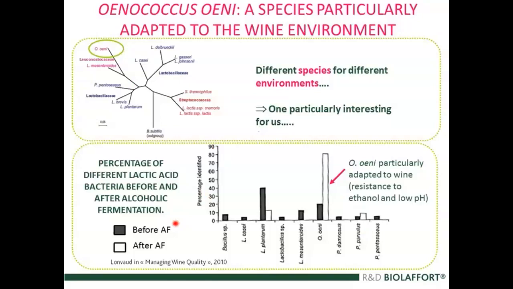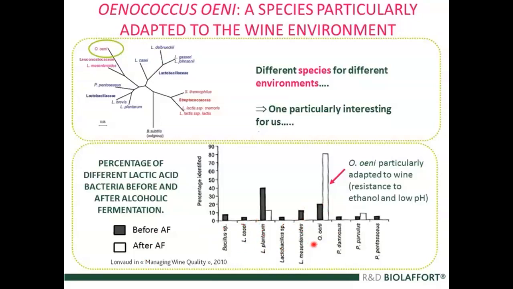And you can see that in must, hence before alcoholic fermentation, you do find many different species, such as some Bacillus, but also some Lactobacillus, such as Lactobacillus plantarum or Leuconostoc mesenteroides. Oenococcus oeni is just a part of this lactic acid bacteria ecosystem at that point.